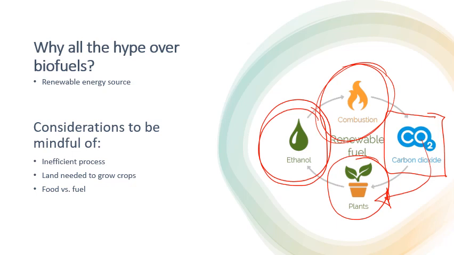The plants will absorb the carbon dioxide, the plants will eventually become biomass, we'll use that biomass to create the bioethanol, we'll burn the bioethanol via combustion, which releases the carbon dioxide back into the air, and then a fresh set of plants will absorb that carbon dioxide again, and the cycle just continues.